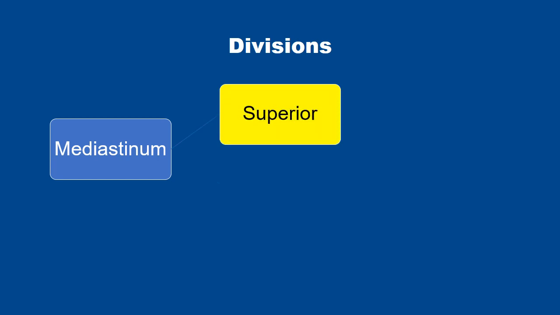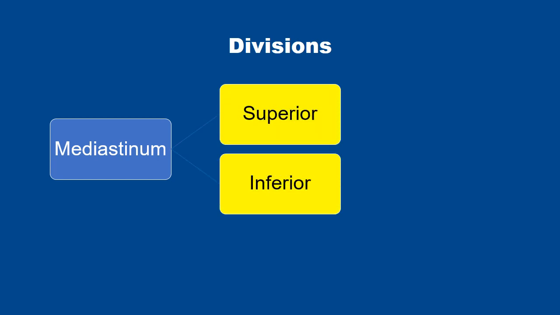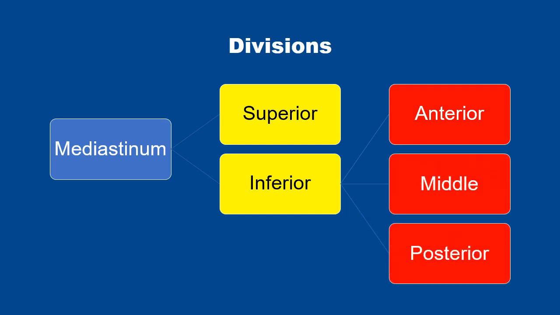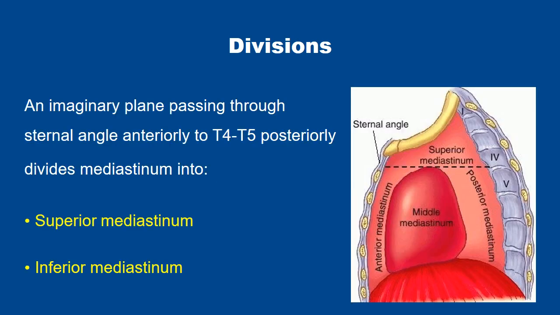Now we'll discuss the divisions of the mediastinum. The mediastinum is broadly divided into the superior and the inferior part. Further, this inferior part is divided into anterior, middle and the posterior part. Here in this slide we can see a schematic diagram of the sagittal section of the thoracic cavity.